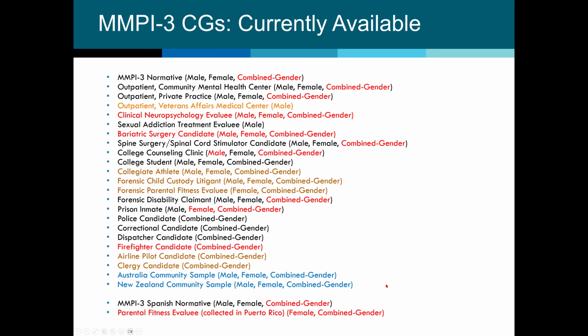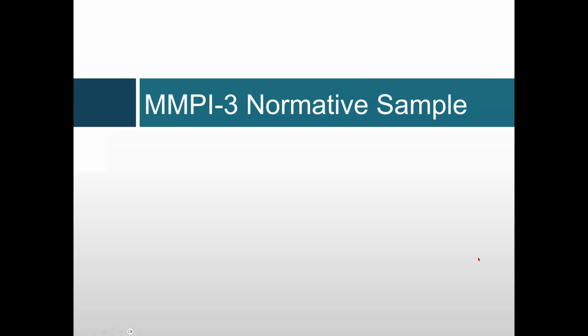So again, as I mentioned, this is an ongoing process. We'll talk at the end about some future directions with comparison groups, but this is the list of currently, as of this recording, available MMPI-3 comparison groups.